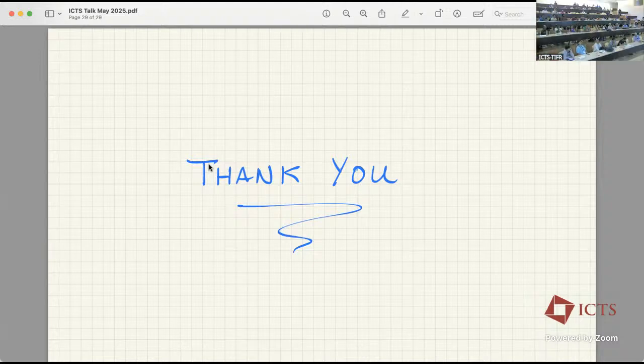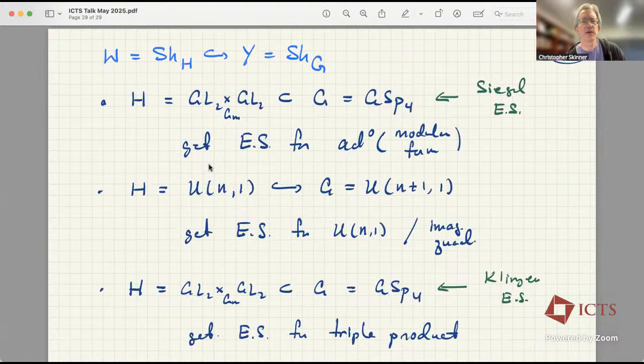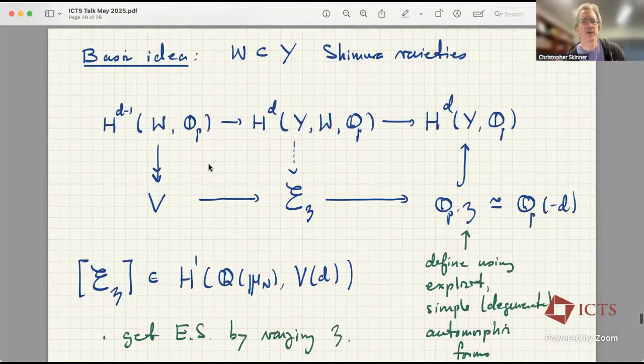There are some naive limitations looking at just the way I've described things, where if you go back, there's this codimension one picture here, that the cohomology of interest is living in H^(d-1) of W, and then you need your degenerate class to be in H^d of the larger variety.